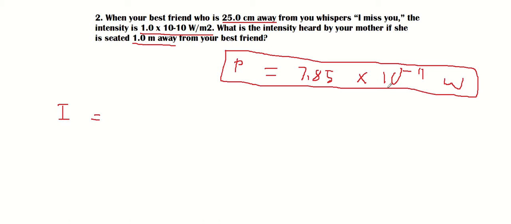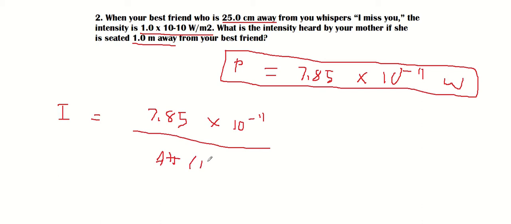So, diretso lang na solving to. Power, 7.85 times 10 raised to negative 11. Divide mo lang dun sa 4 pi r squared. Ang r natin is 1 meter away daw, so kahit 4 pi lang yan, pwede na.